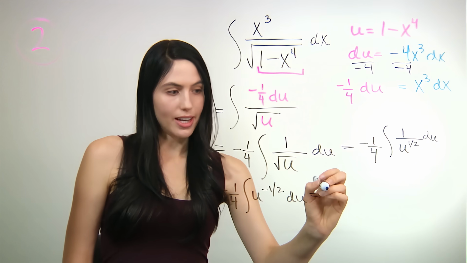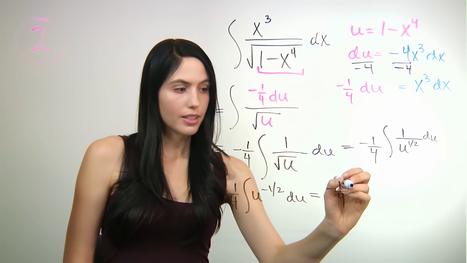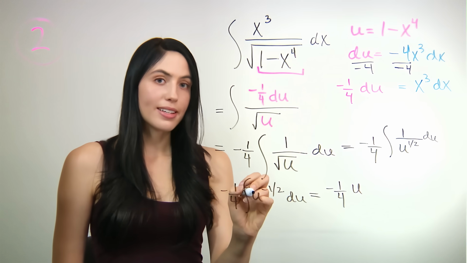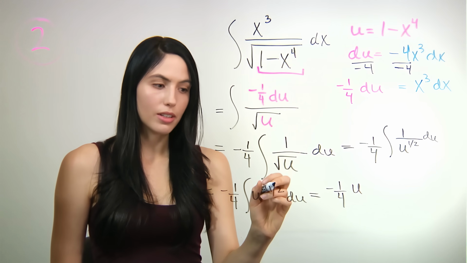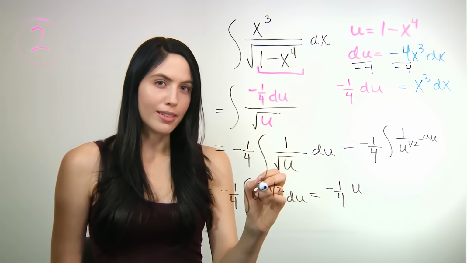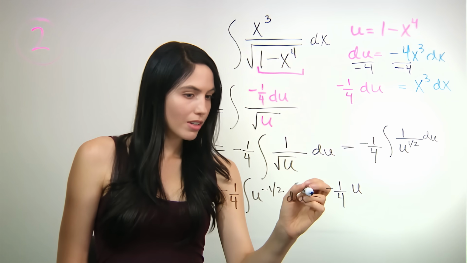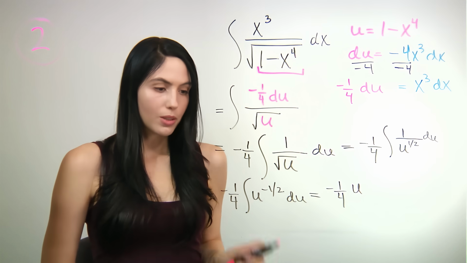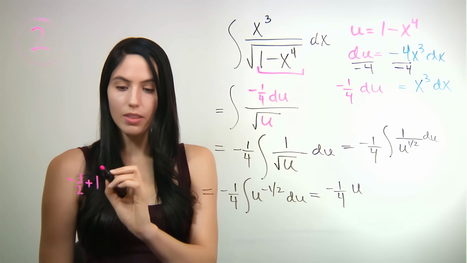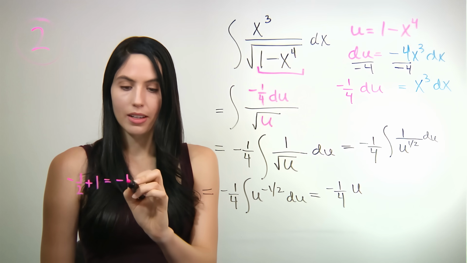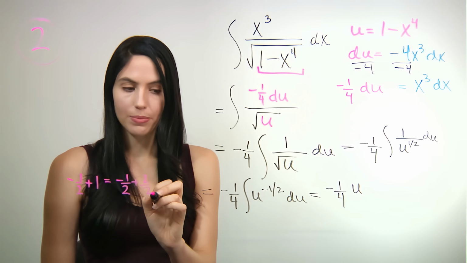So when you integrate that, you get -1/4. And you're going to raise the power by 1. This is the power rule. When you add 1 to -1/2, it's the same as adding 2 over 2.